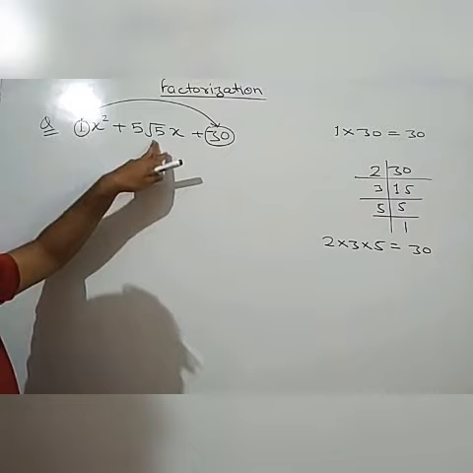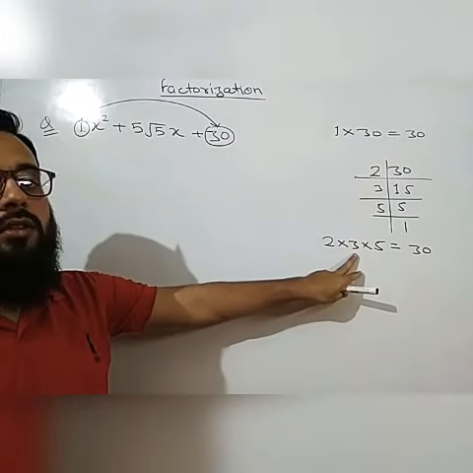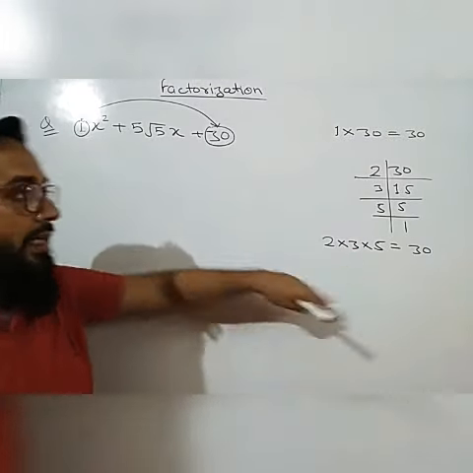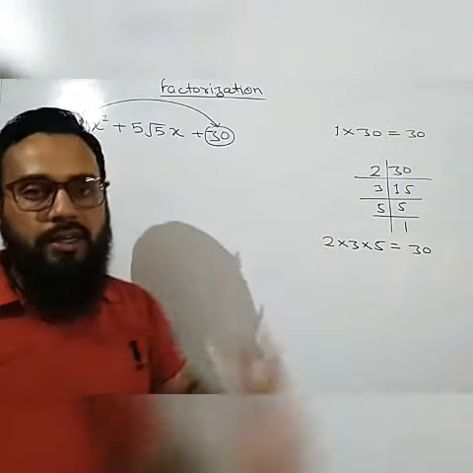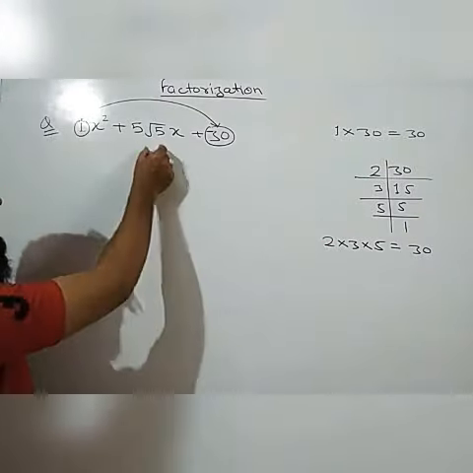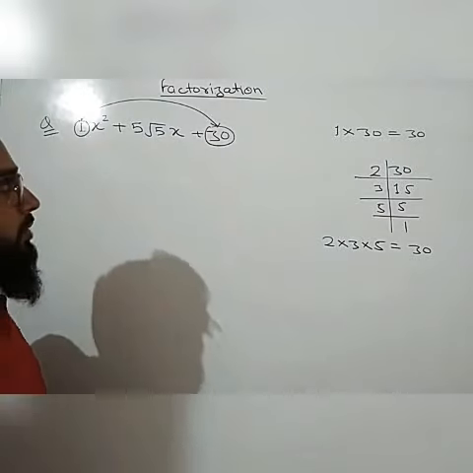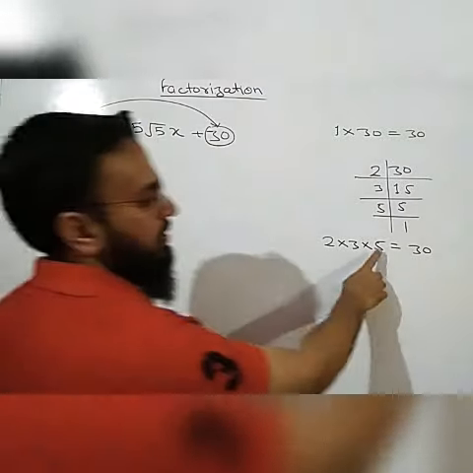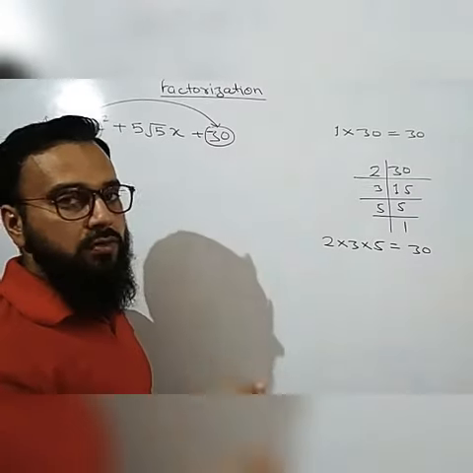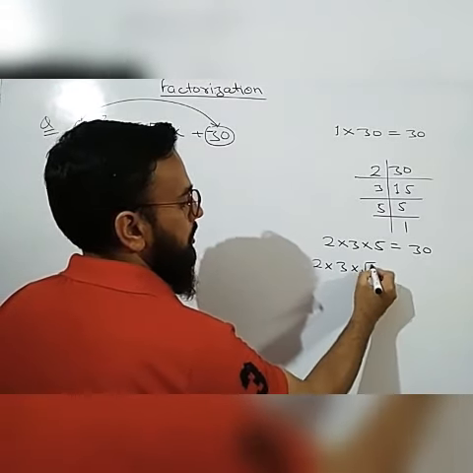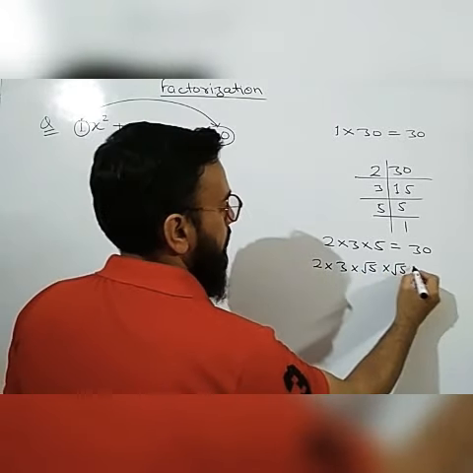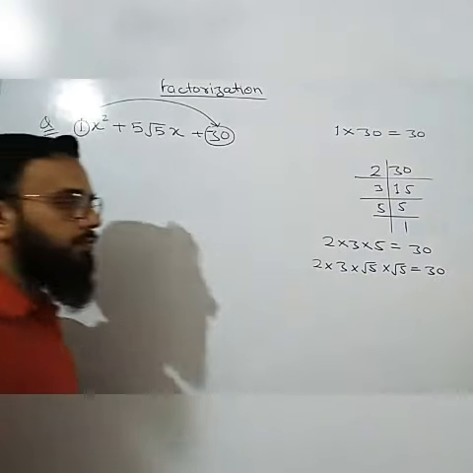If there was root 3, then we will convert 3 in terms of square root of 3. If there is a square root of 2, then we will convert this 2 in terms of its square root. So it will depend on the term which is given. Here it is root 5, so we will convert this 5 in terms of its square root. So we can write it as 2 into 3 into root 5 into root 5 is equal to 30.